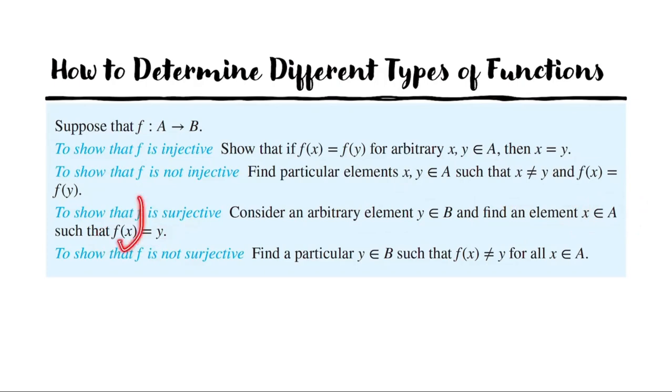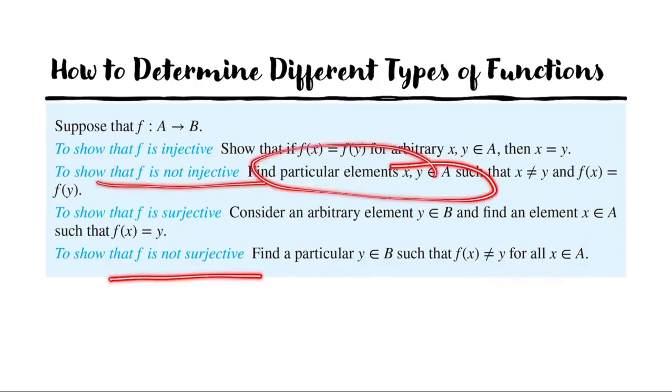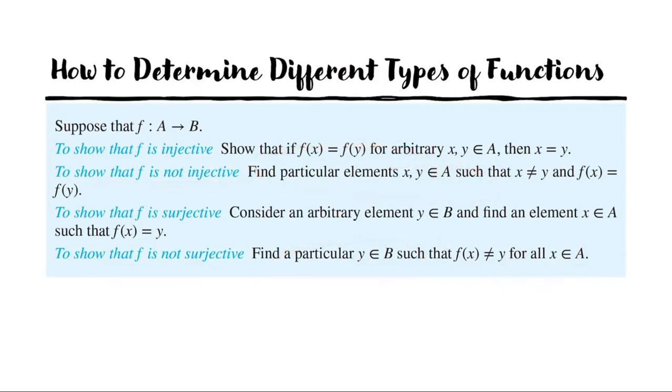So in general, you will solve for x and then see if x belongs to the input set for every element in B. Now, to show something is not surjective, you just need to find a particular element from the output set where no input from the input set goes to that output. So to show it's not injective or not surjective, you provide a counterexample, like giving a particular element from the input or the output set.